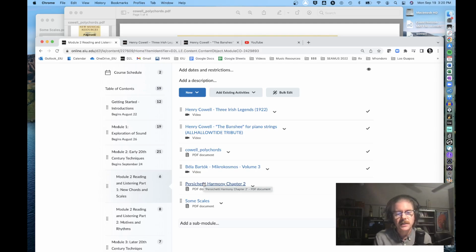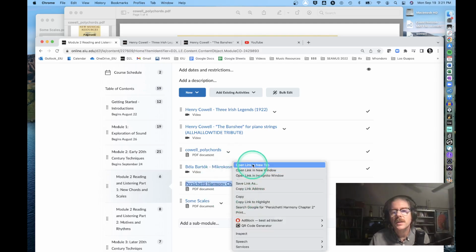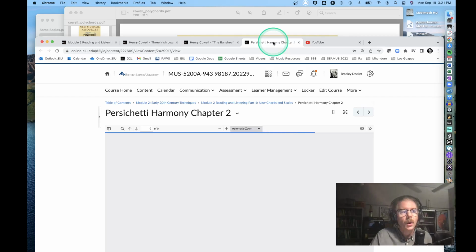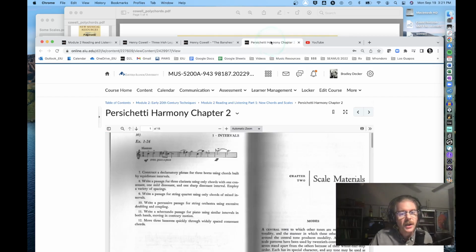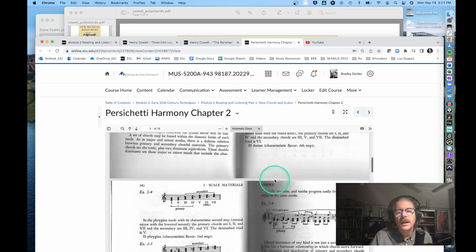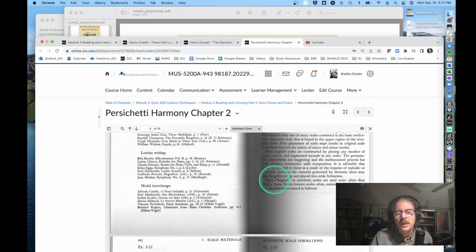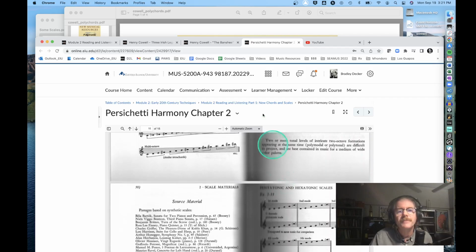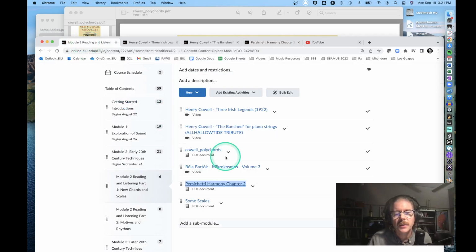Persichetti has a really good book on harmony that also talks about polychords or added notes, ways to expand upon or alter a standard triad, with the idea that standard triads are kind of tired and in need of some color, and that's what we're trying to do here.